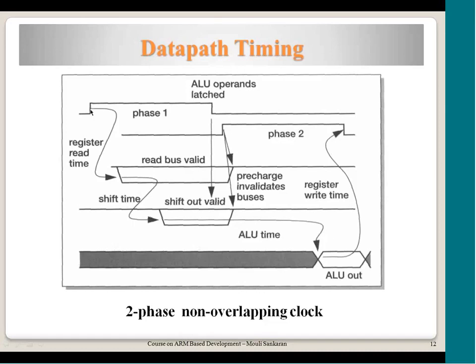So from the start of time to the end of the time, the operands are made available to the ALU, one of the operands can go through the barrel shifter and that is also made available to the ALU, and the ALU performs the operation during this gap. When the result is available before the end of phase 2, it gets latched. So all these operations get performed in one cycle.